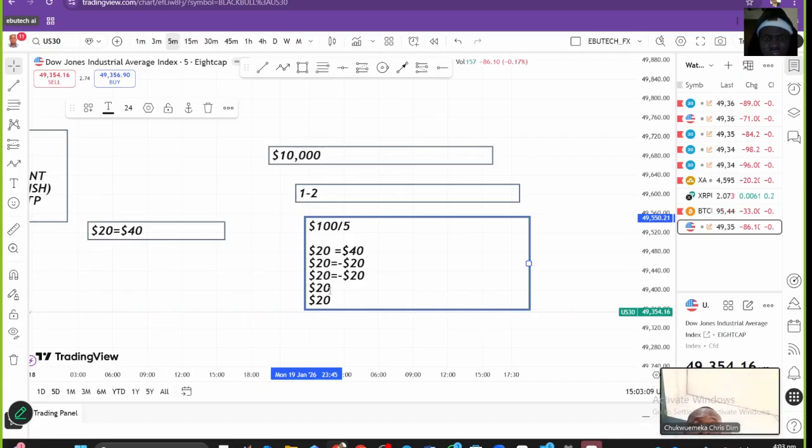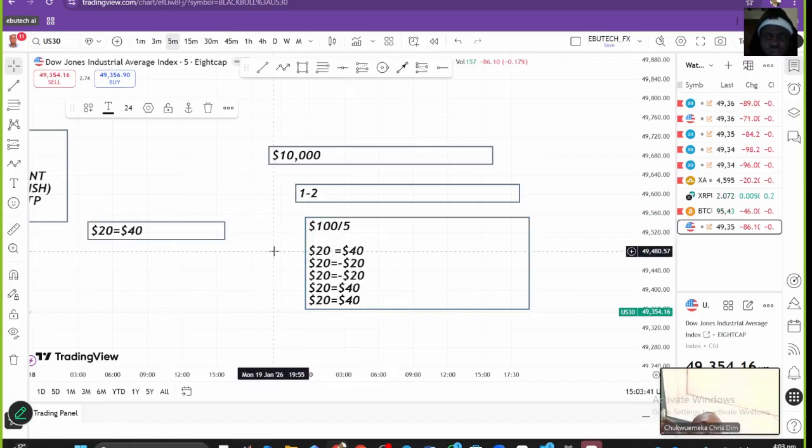Then the fourth trade, you win $40. Then the fifth trade, again you win $40.